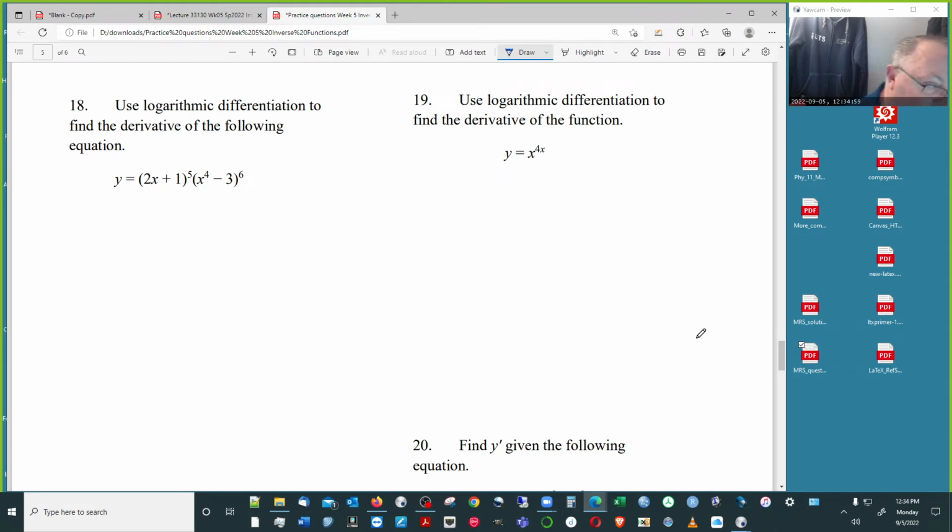So in this particular case, what they want you to do is to take the logs and muck around with the log laws, which is a little bit different to what I was doing before. So using log differentiation, it's a product, so it's A times B as a product. If we introduce logs, we can split them up.